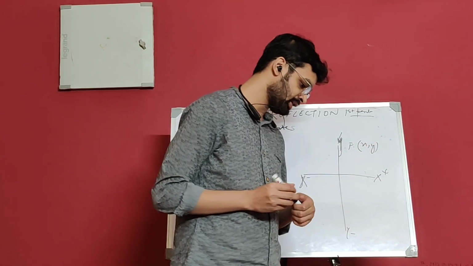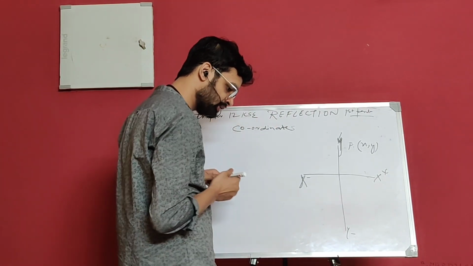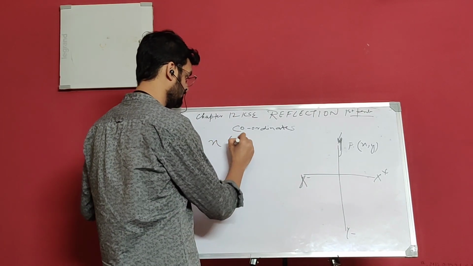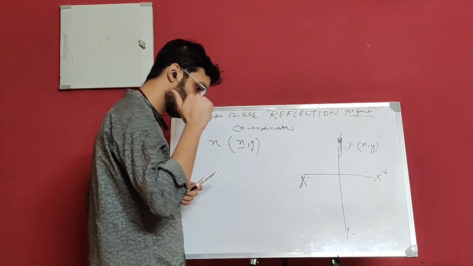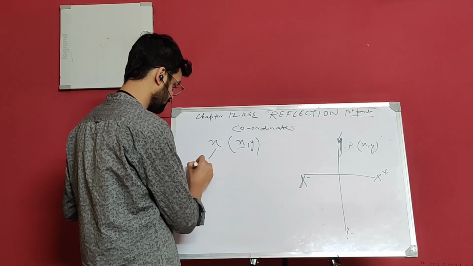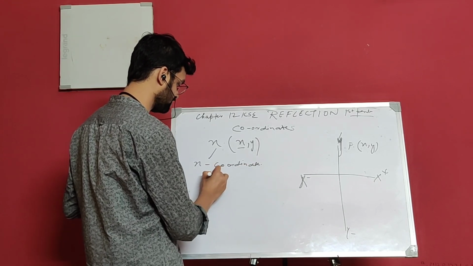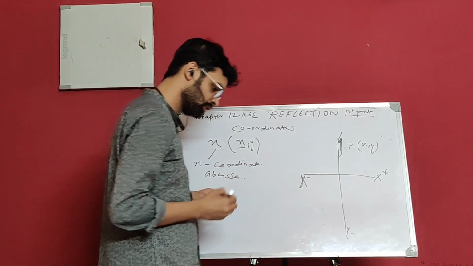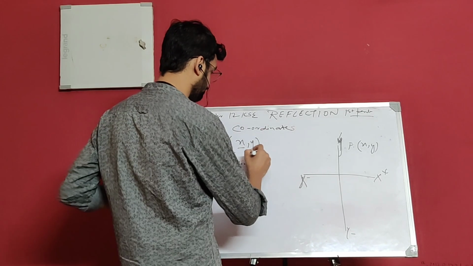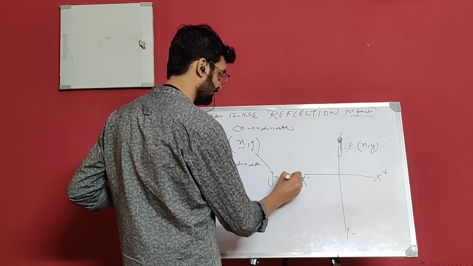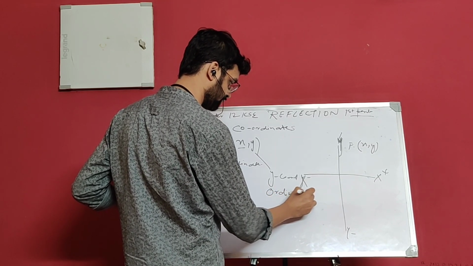This x comma y is a pair of two numbers which give the coordinates of P. The first number x in the pair (x, y) gives the x coordinate, or we can say the abscissa, and the second will be the y coordinate, or we can say the ordinate.